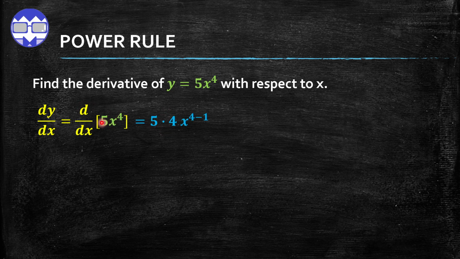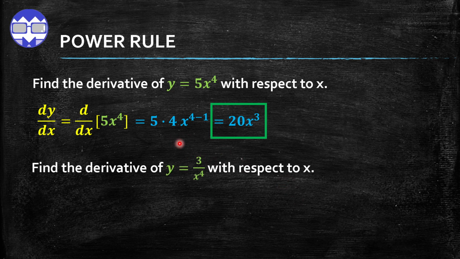So again, multiply the exponent to the coefficient: 5 times 4. And then, of course, subtract the exponent by 1, and you will get 20x to the power of 3. It's still the same pattern, but instead of just 4, you multiply 4 to 5.